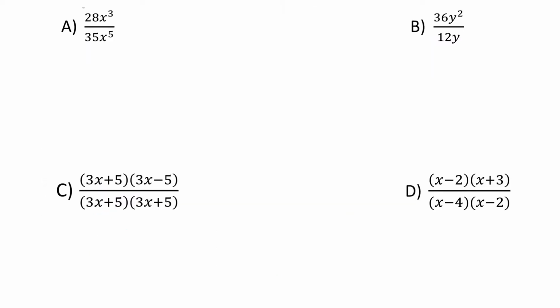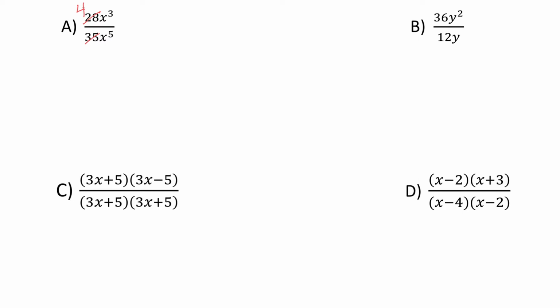All right, so let's start with two examples where you have a monomial divided by a monomial. What you're going to do is take the coefficients and simplify them first. So 28 and 35, both of those are divisible by 7. So if I divide this by 7, I get 4.